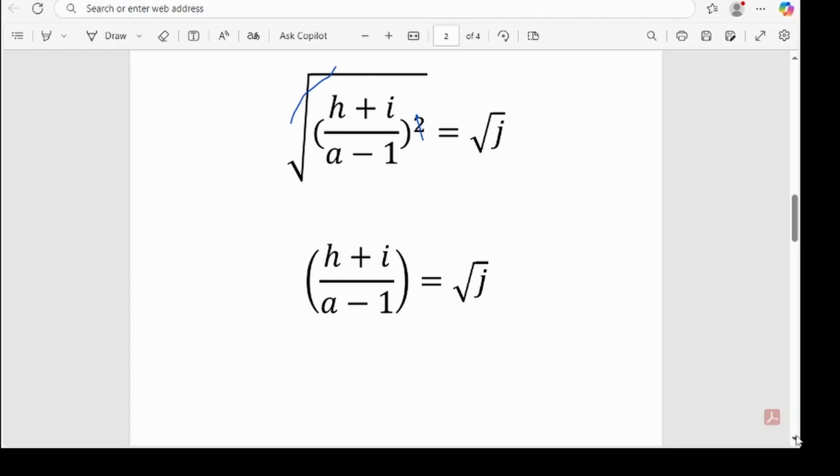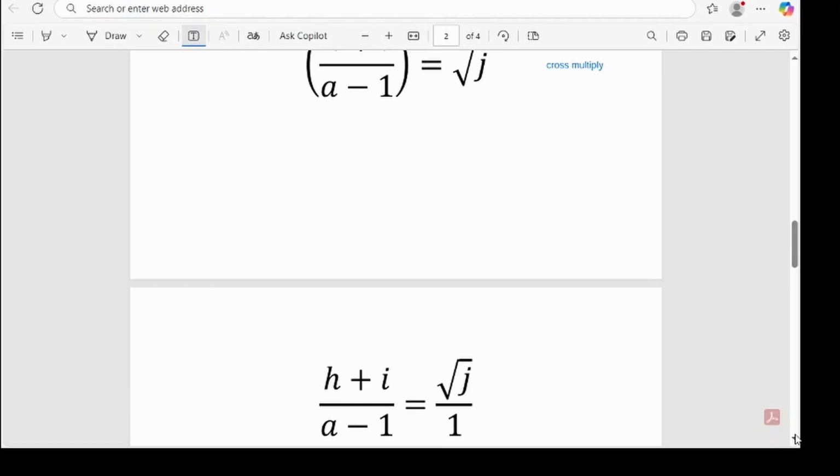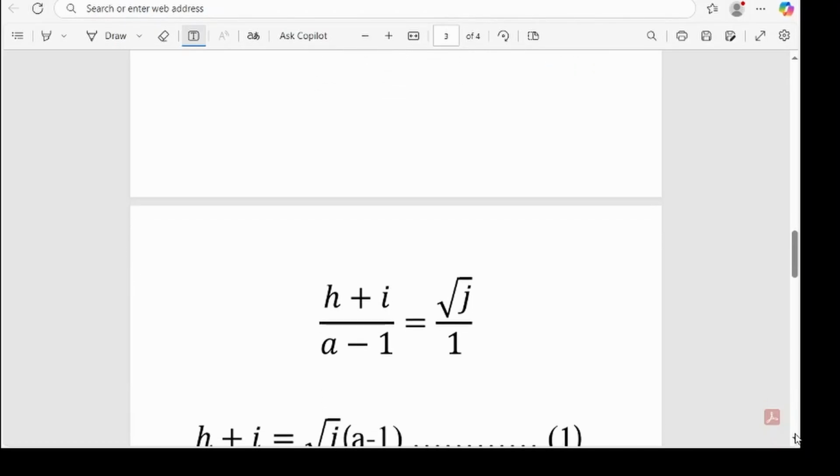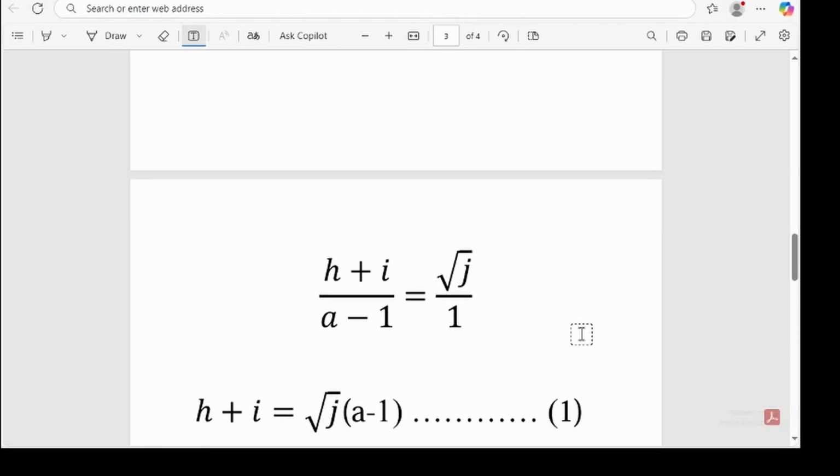In doing so, we have to cross multiply. And this square root of j has an invisible 1, so (h + i)/(h - 1) is equal to the square root of j divided by 1.